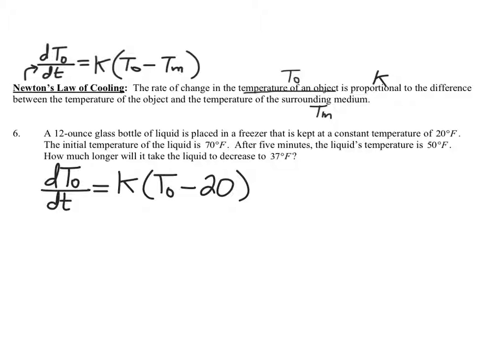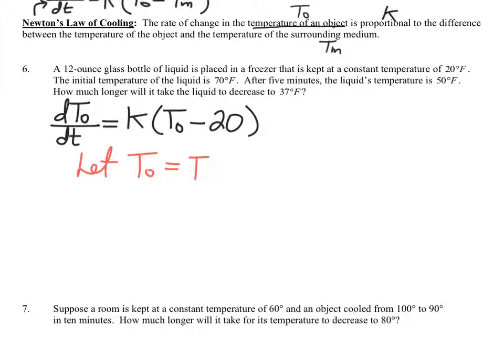If you want, and it's entirely up to you, I do this a lot, I just drop the O, because since I'm replacing the T sub M with a constant, I no longer need to distinguish that with another subscript. So I can just let, for example, T sub O be the temperature T. This allows me to not have to write that subscript of O every single time.